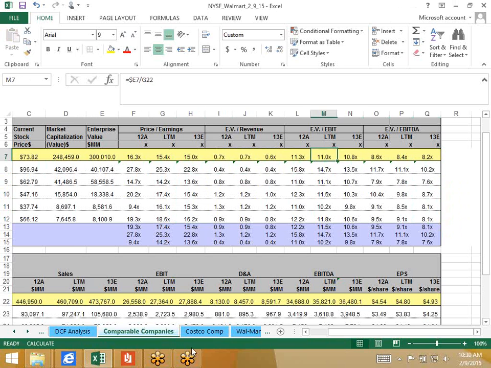So you have to step back and ask yourself, what's more appropriate? If you're trying to value the business, as we talked about at the very beginning of valuation, you typically are concerned about the core operations of the business, the enterprise value to EBITDA. We talked about tech companies.